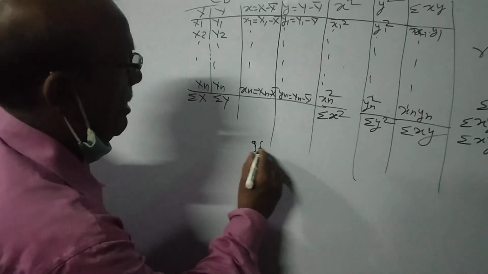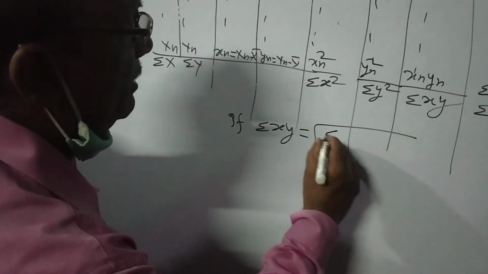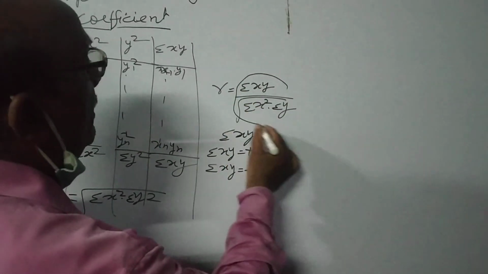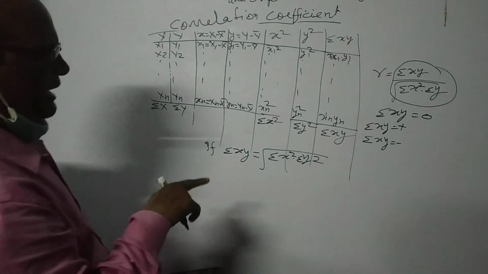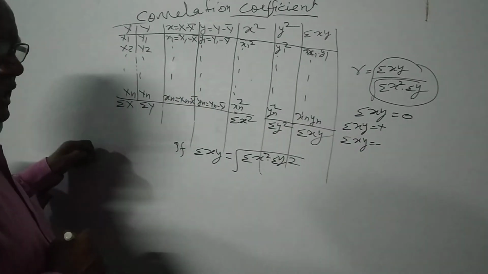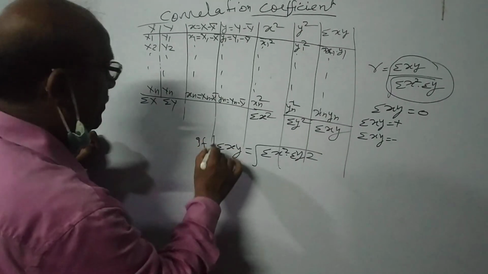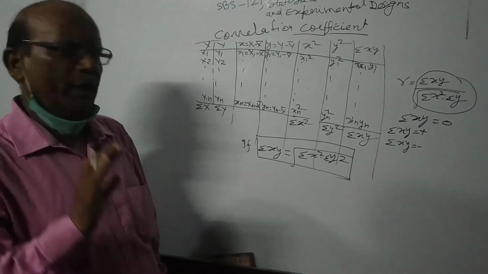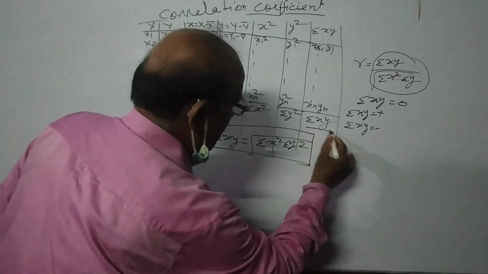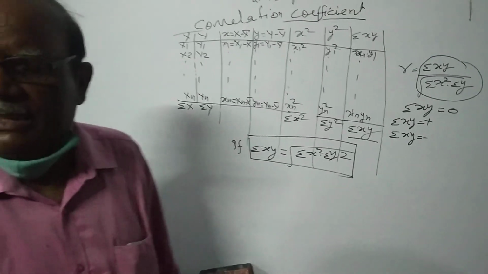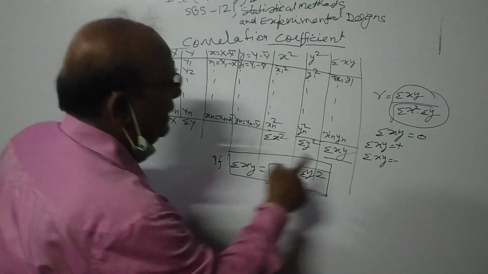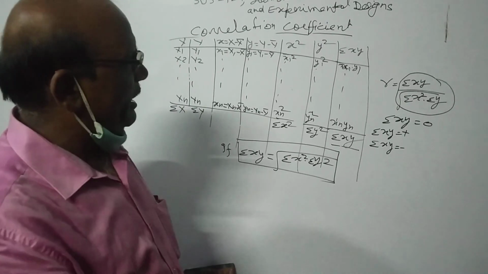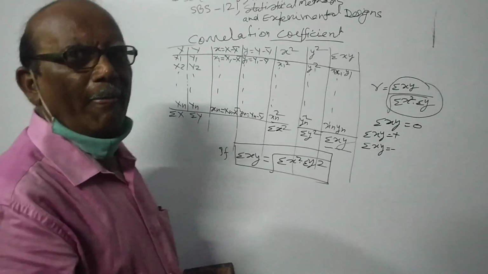If summation xy is equal to the square root of summation x square into summation y square, this value will be 1, and according to the sign, if positive it is perfect positive correlation, and if negative it is perfect negative correlation. Any problem? Okay, complete.